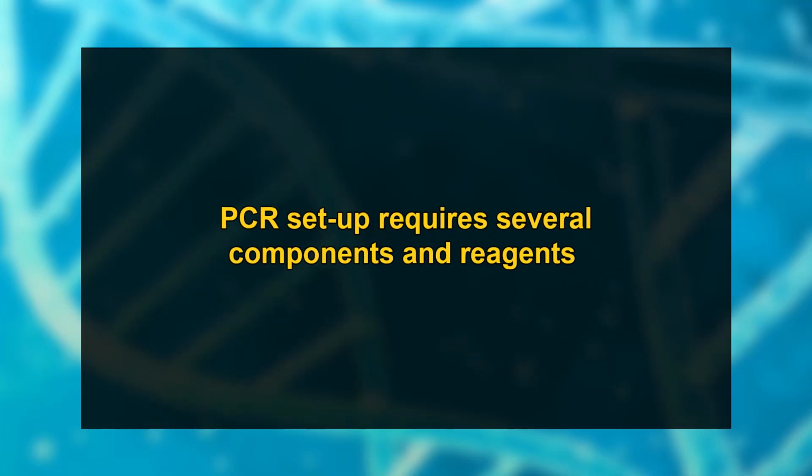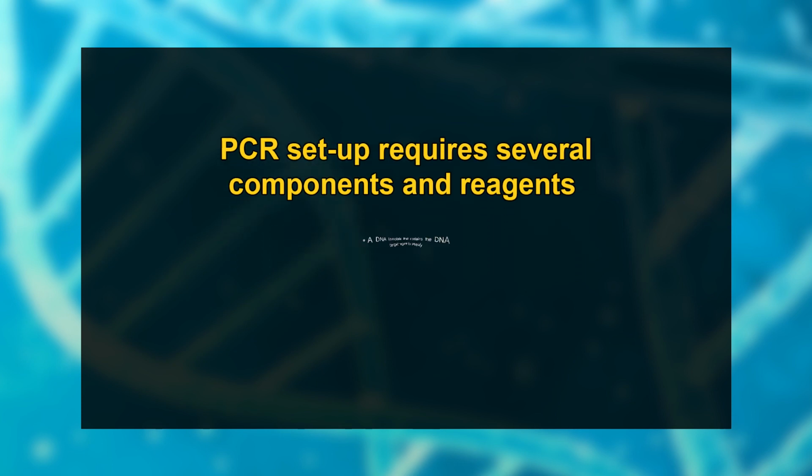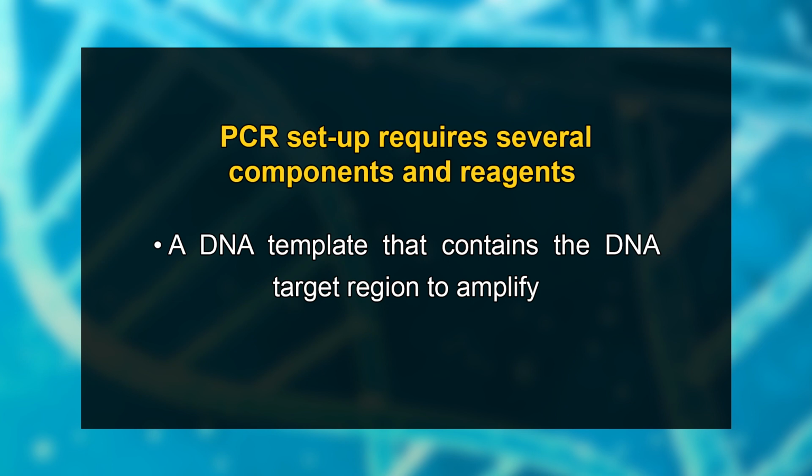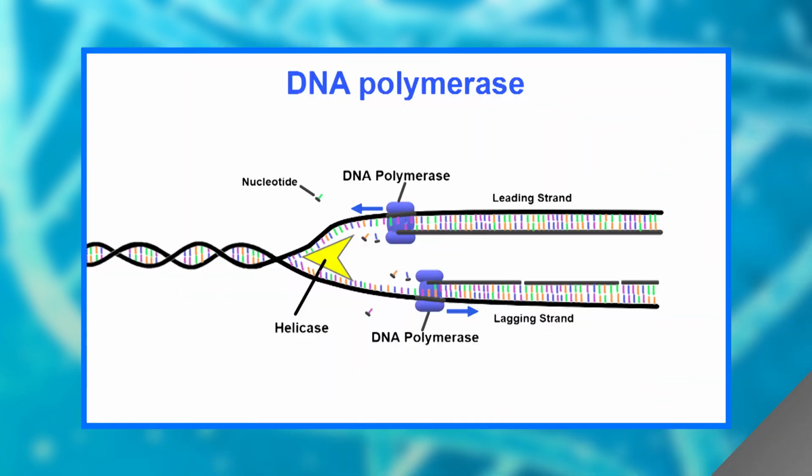The amount of amplified product is determined by the available substrates in the reaction, which become limiting as the reaction progresses. A basic PCR setup requires several components and reagents, including a DNA template that contains the DNA target region to amplify, and a DNA polymerase, an enzyme that polymerizes new DNA strands.